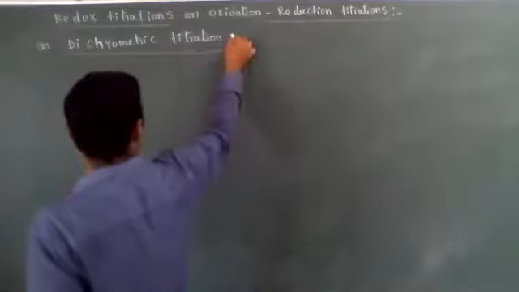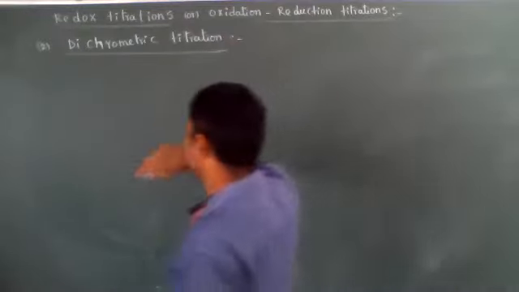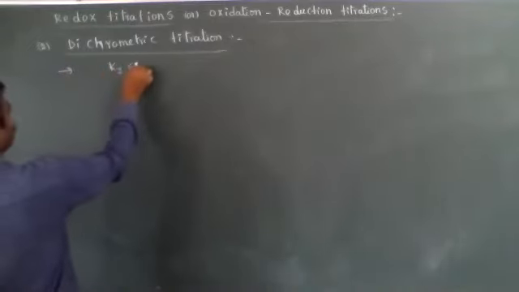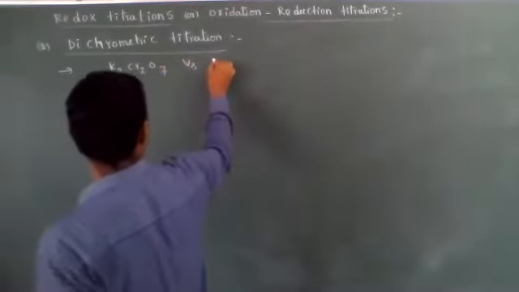So in dichromate titrations, potassium dichromate, K2Cr2O7, versus Mohr's salt takes place.